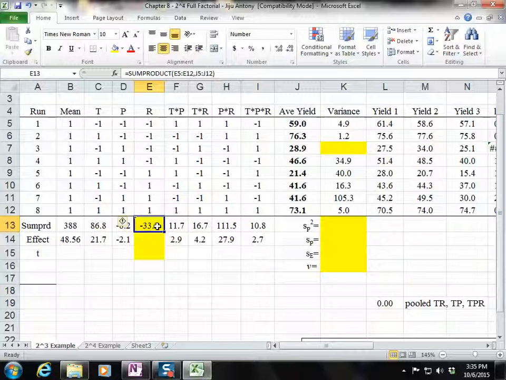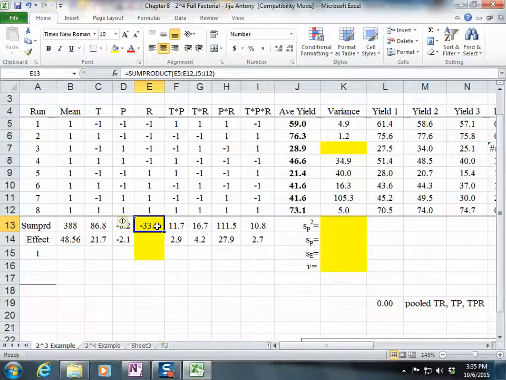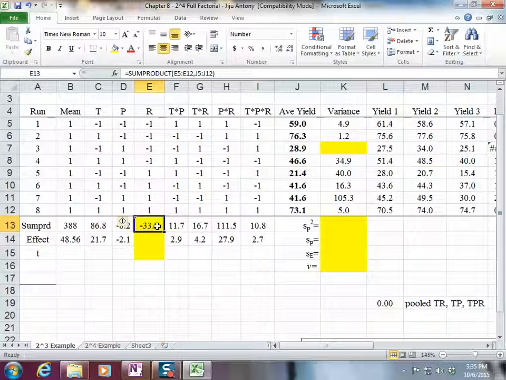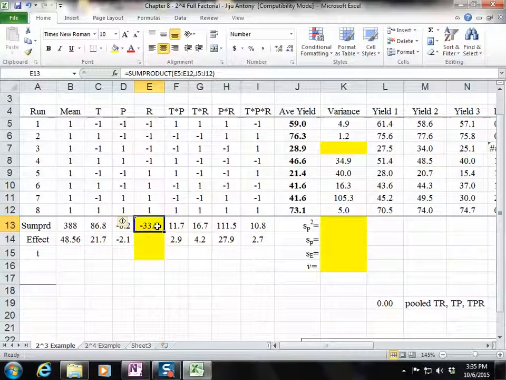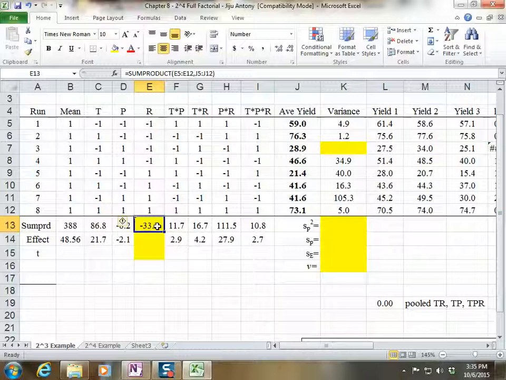So yield 1, 2, and 3, for example, run 1: we set all these values at the low temperature, did the experiment once and got this, came back and did it again and got that, and did it again and got that. That's why we average them together, to say that's the average value at that condition.